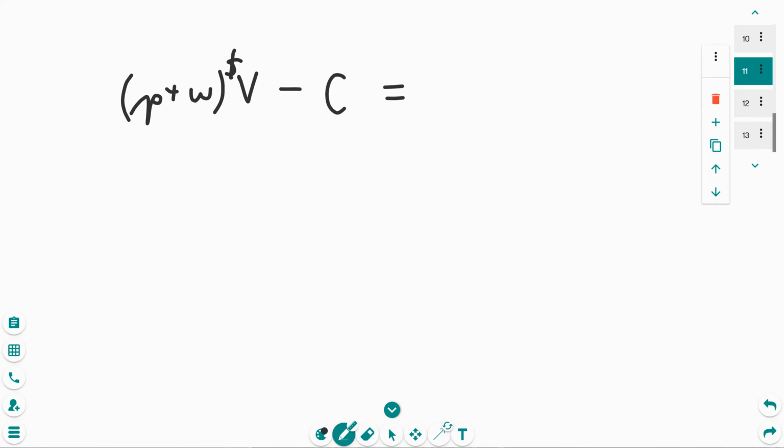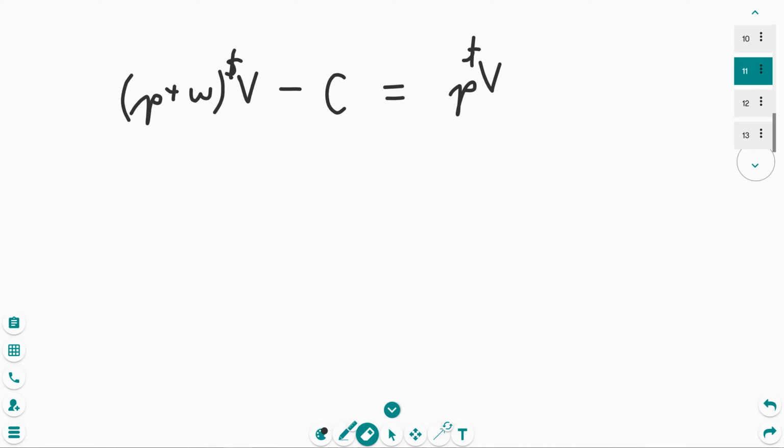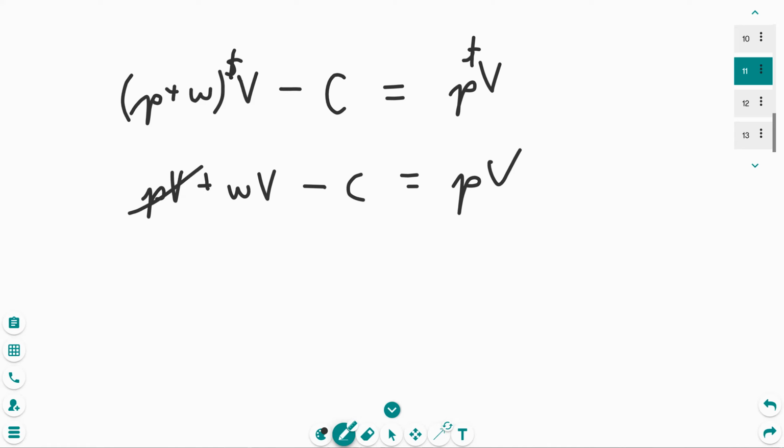I'm going to omit all the terms that are 0. We had a couple terms that are 0 from up here. I'm just going to omit those from these equations. And so if we expand this out, we can see that some of these terms, again, are going to cancel out.